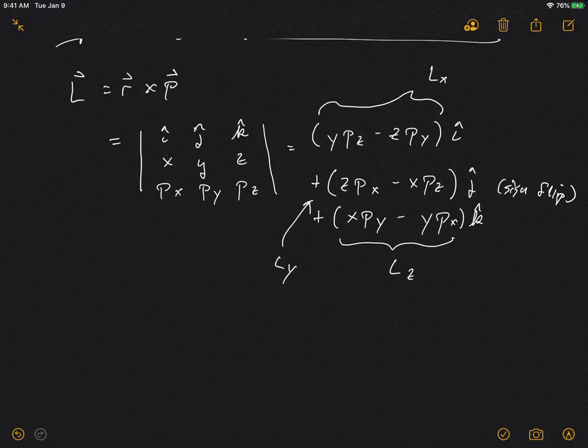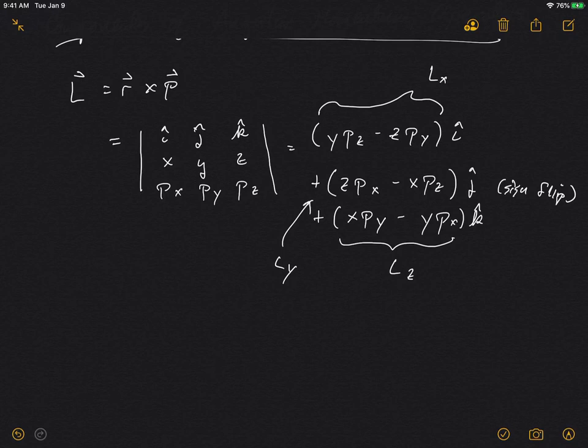And again, recalling our old right-hand rule, you can see that motion in the xy plane would have non-zero quantities for x and p_y and y and p_x, and so that would correspond to positions and momenta in the xy plane, so motion in the xy plane, and that's what gives us L_z.